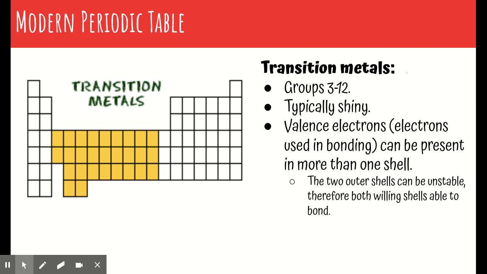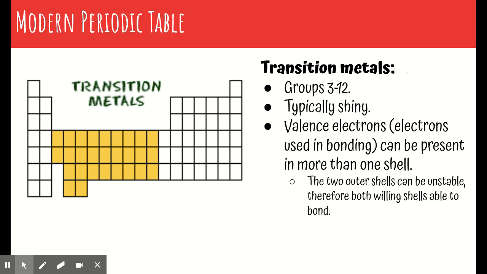So they do have valence electrons, just like anything else, but their valence electrons can be present in more than one shell. So like the outer 2 shells can be unstable, meaning that they can share electrons from both their outermost shells, which no other groups of atoms can do.